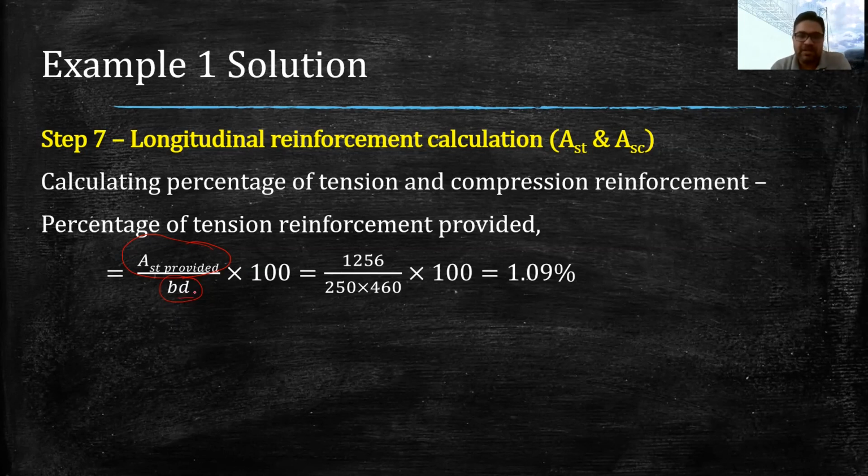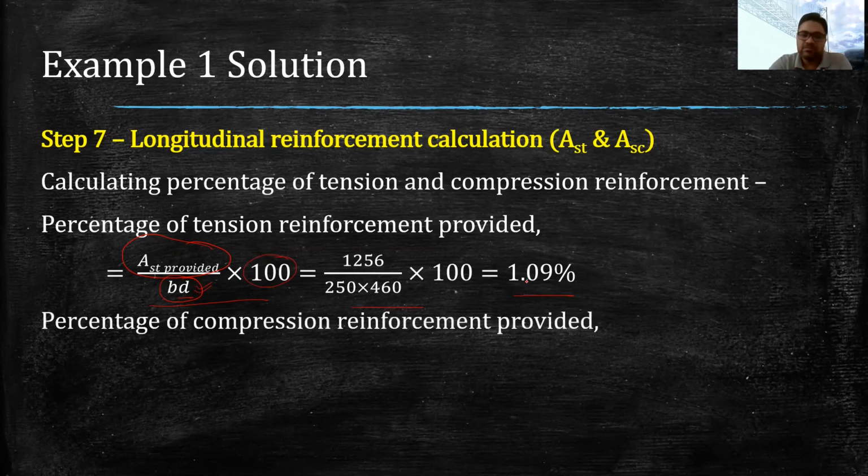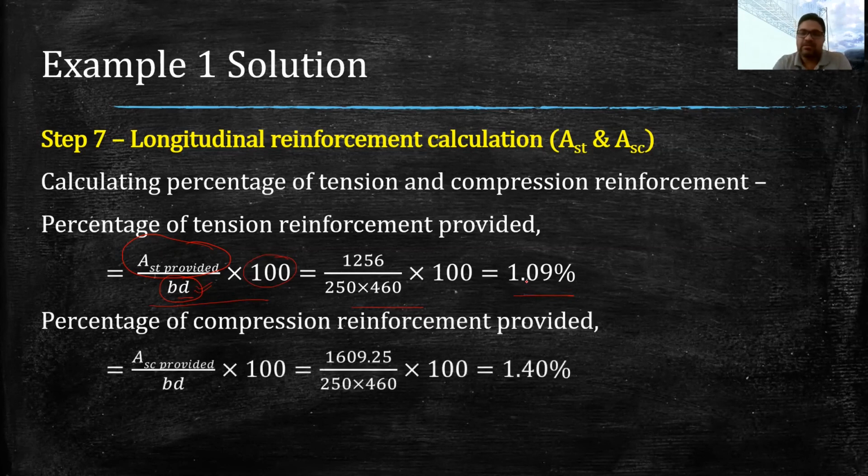This time we will take effective area of cross section. So AST provided divided by effective area of cross section, whole multiplied by 100. This is how we can calculate the percentage of steel. Putting all the values, we find the percentage of steel in tension as 1.09%. Similarly, we find the percentage of steel for compression reinforcement as 1.4%.